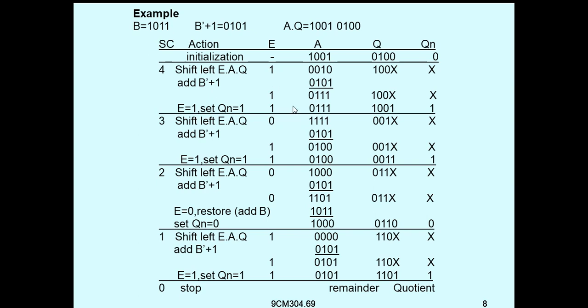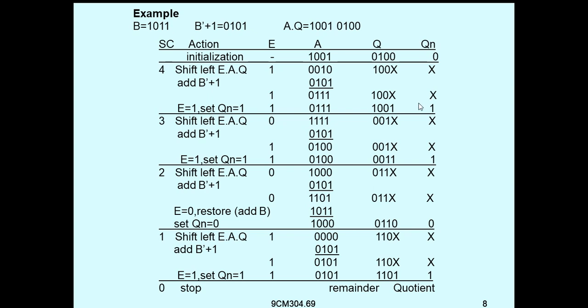So then after E equals 1, set Qn equal to 1. So after the operation, this is the result. E is nothing but 1, A is nothing but 0 triple 1, and Q is nothing but 1 double 0 1 1.